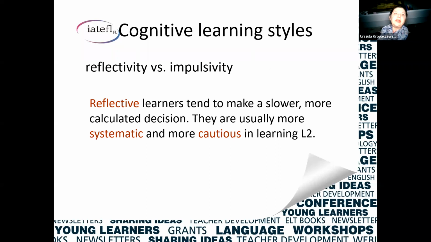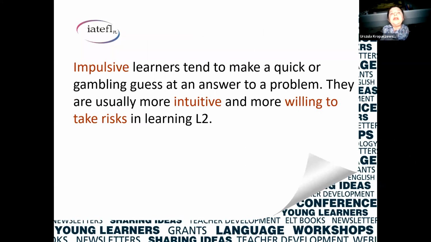And reflective language learners like talking about grammar, they like being taught grammar generally, because, the same as field independent language learners, they want to know the details. Impulsive language learners are those who are risk takers, and we need students to say something without overthinking, okay?